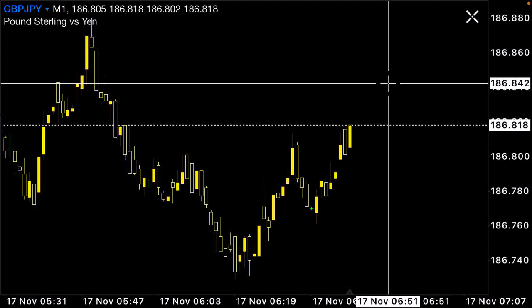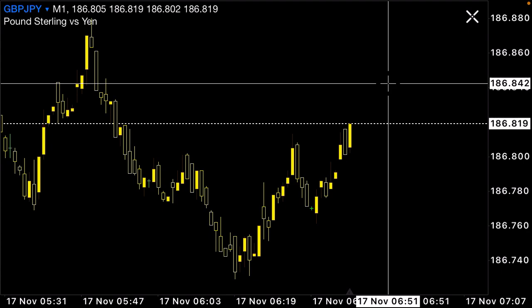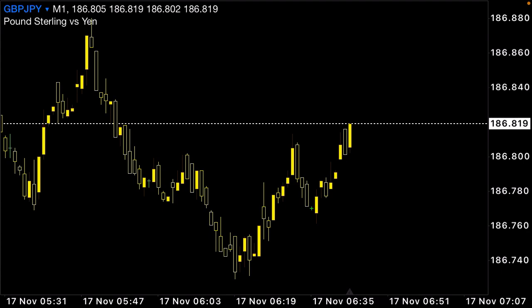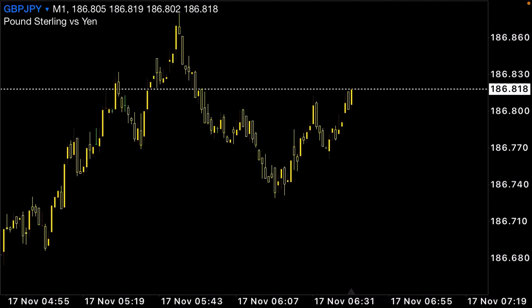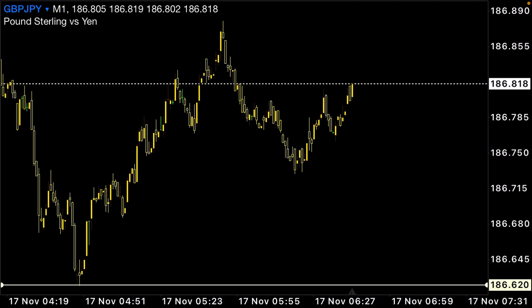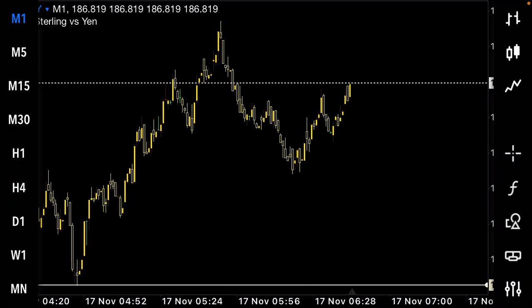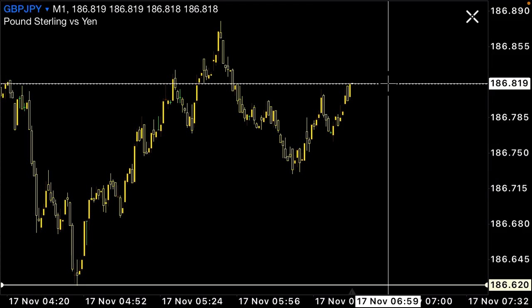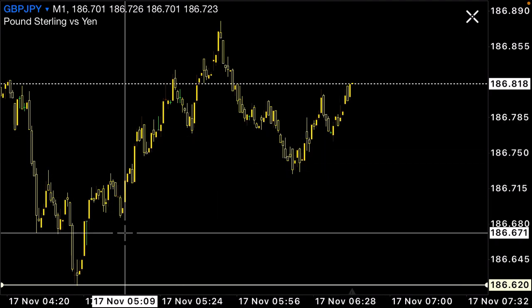So look at that. Now it's kind of thinking, shall it go? Is it going to go further? It could be that it's wanting to form a double top right here on this larger picture.